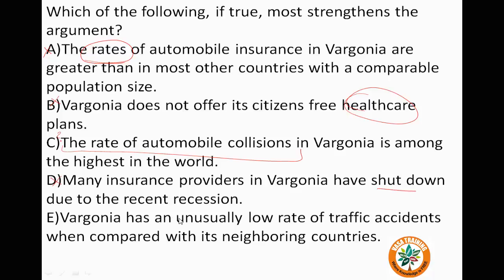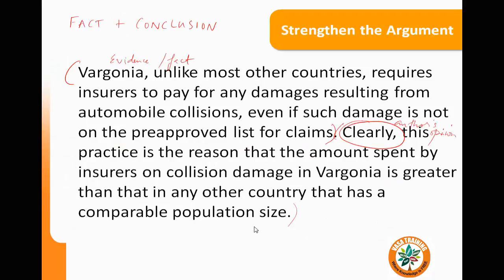E says Wagonia has an unusually low rate of traffic accidents when compared with its neighboring countries. So we are down to these two options, C and E, and when you are down to two options which are both fairly close to each other, it's probably a good idea to go back to the argument just to verify what you wanted to prove if you haven't written it down already.